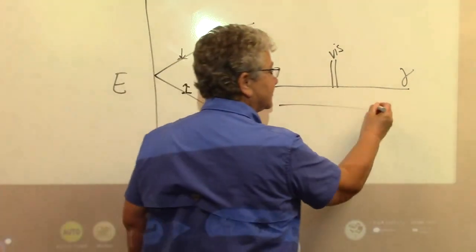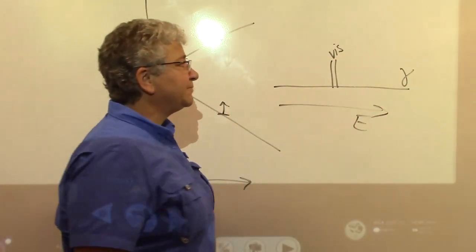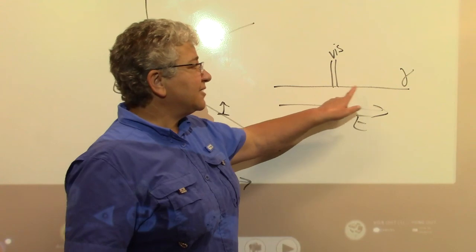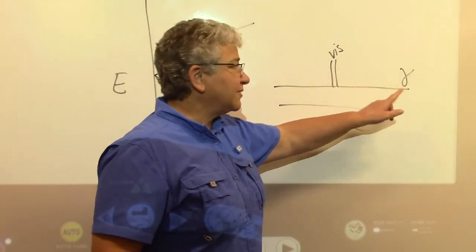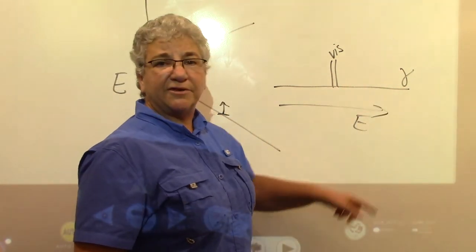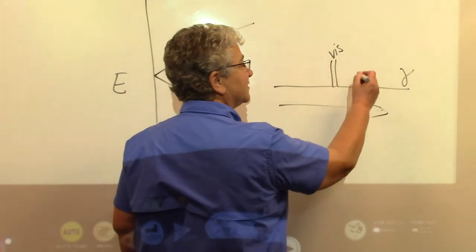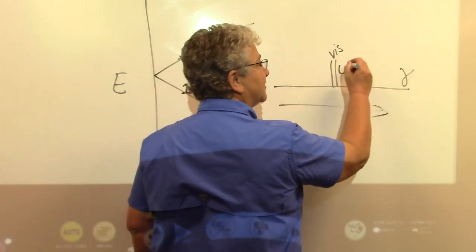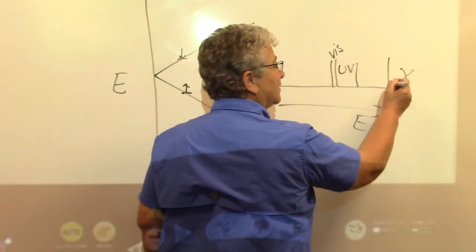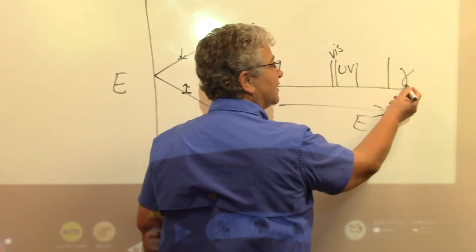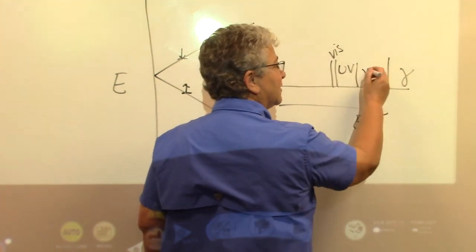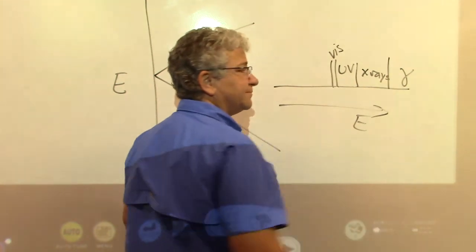So this is energy increasing. If you have visible light here and gamma rays out here, what do you have in here? What's next to visible light? What's next to visible light is UV, and what's in between UV and gamma rays are X-rays.